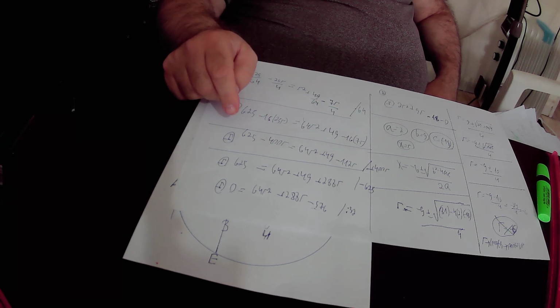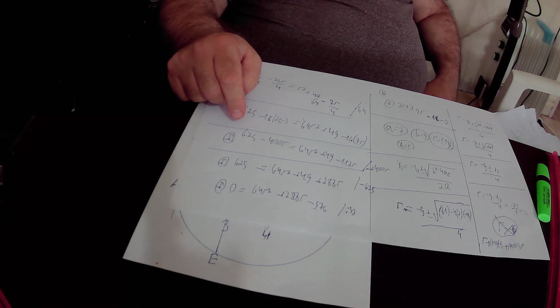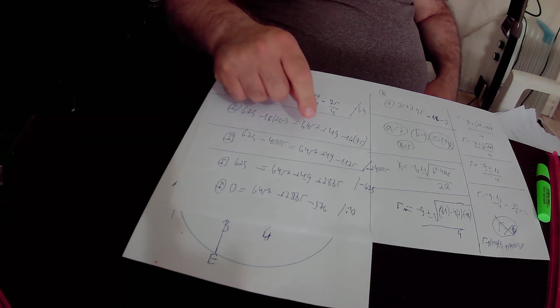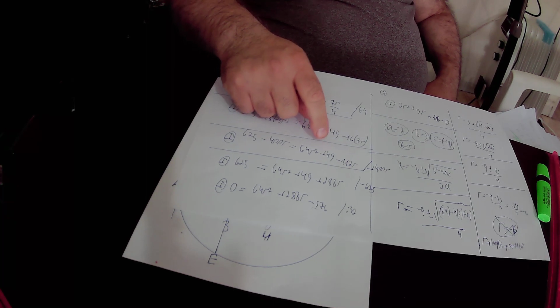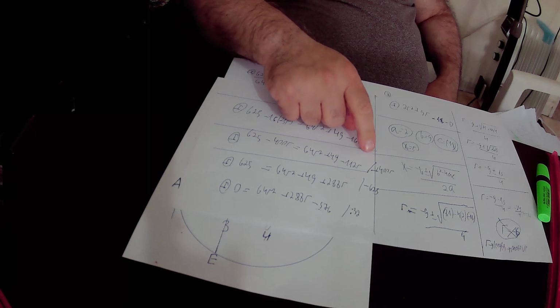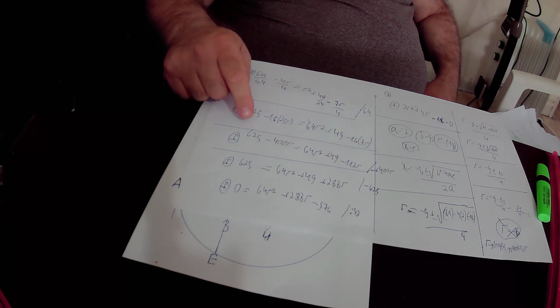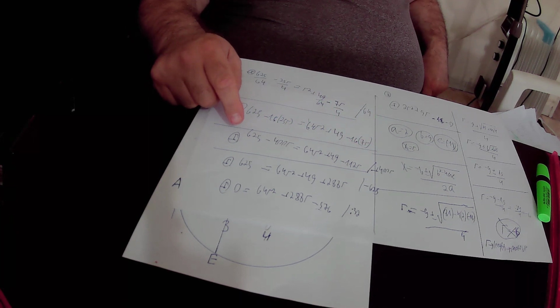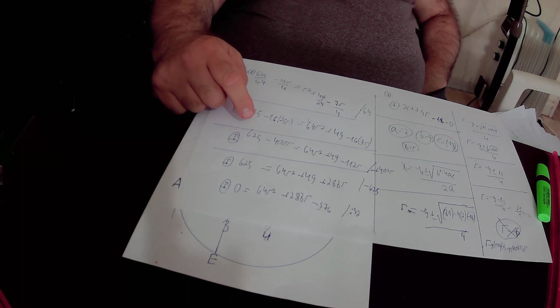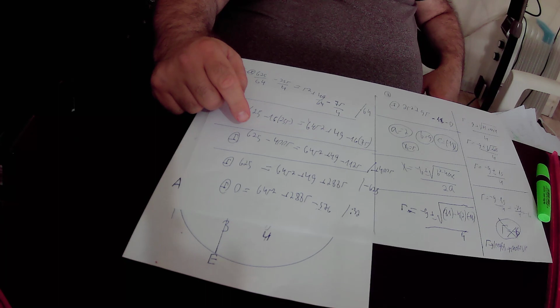Okay, so in conclusion, according to equation number 1, we found out that 625 minus 400r equals 64r squared plus 49 minus 112r. Here we added 400r to this equation number 1, and we got that 625, 400r minus 400r is 0.